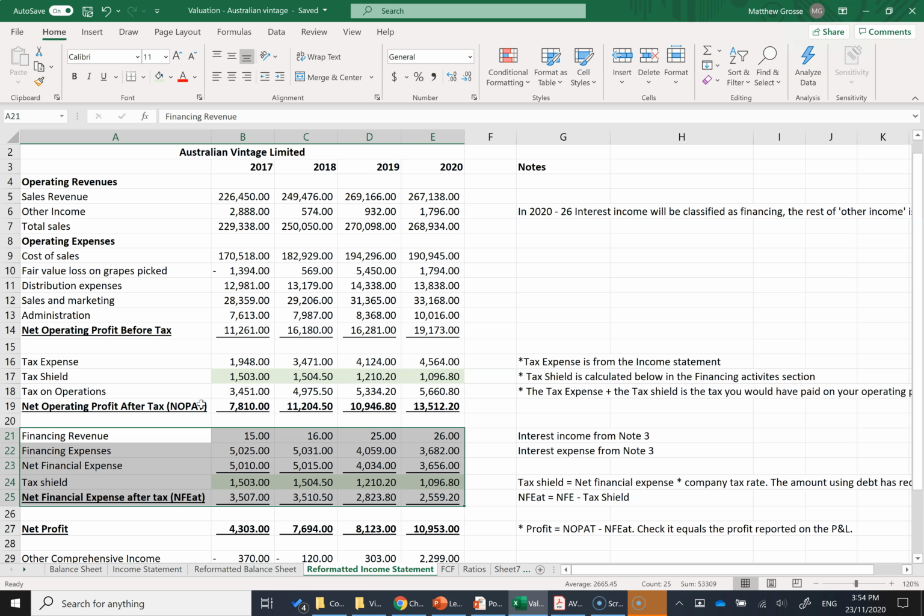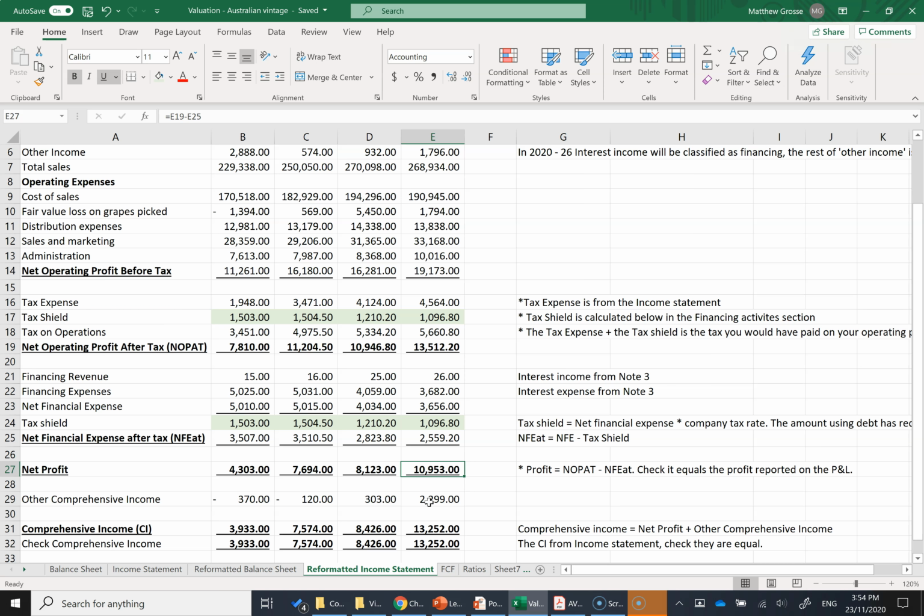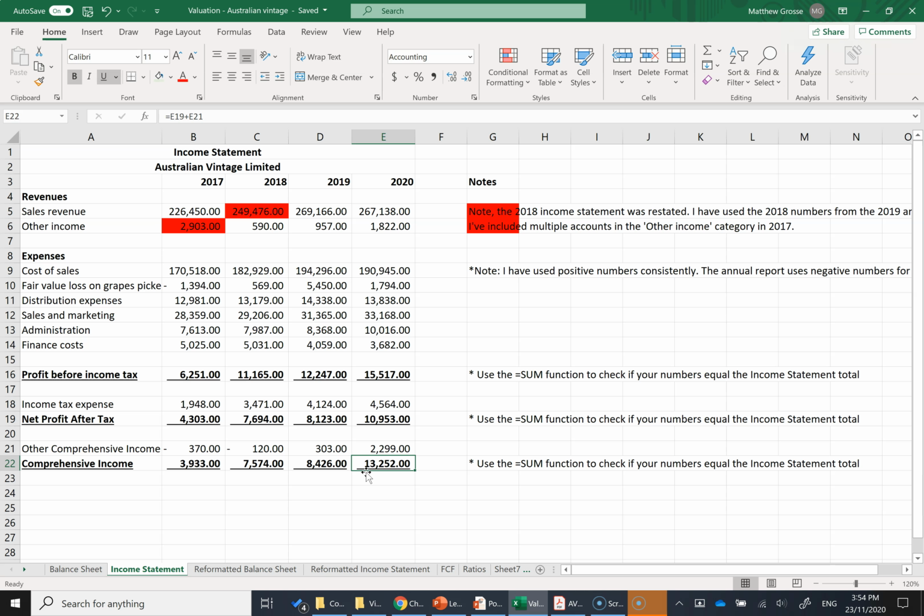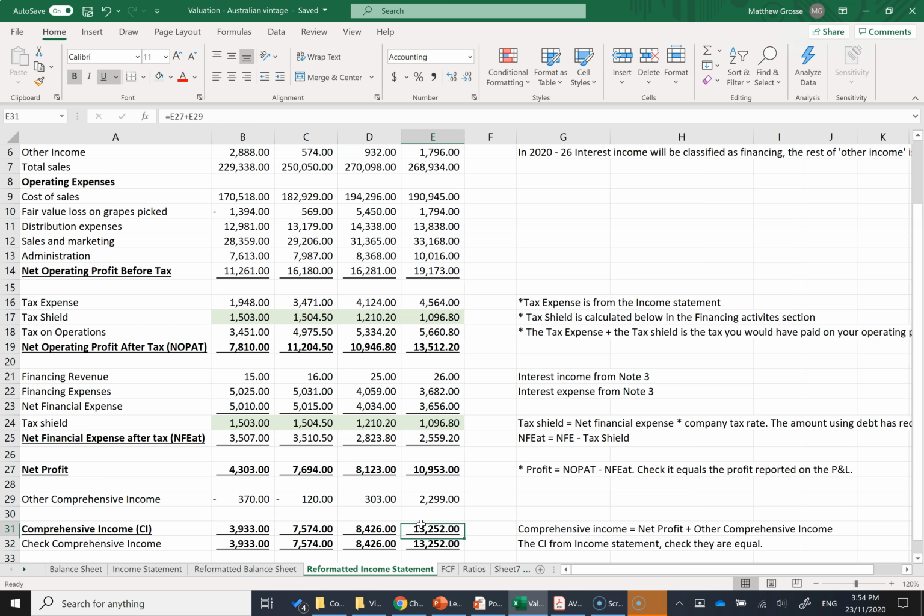I then say my NOPAT, net operating profit after tax, minus the net financial expense after tax, gives me the overall net profit. Take into account some comprehensive income, and I can calculate the overall comprehensive income. And then I can check that the comprehensive income of 13,252 that I've entered straight from the report is the same as after I've reformatted it.